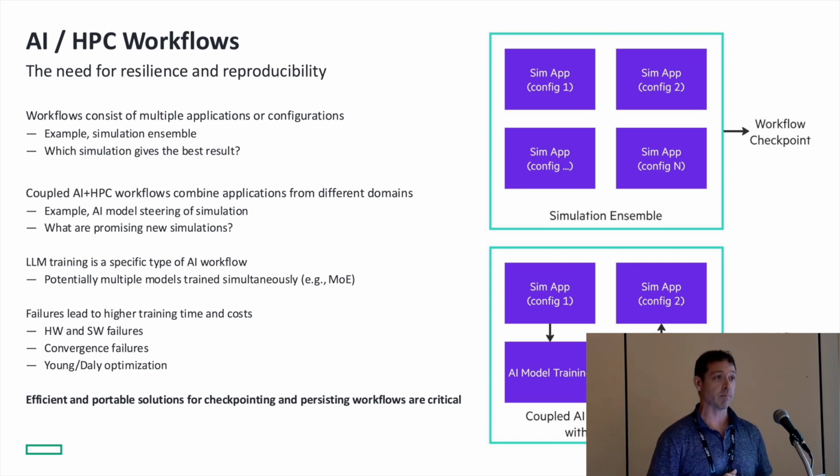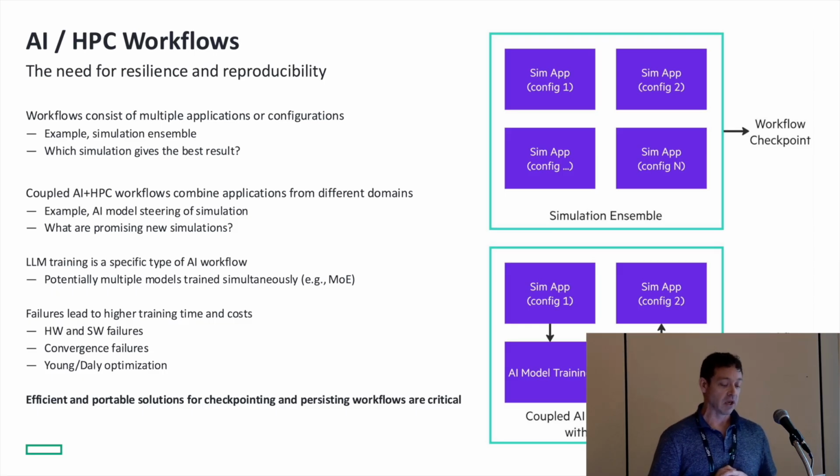It gets a lot more complicated, and it looks a little bit more like enterprise style workflow systems, but with high performance and much larger scaling. So LLM training is a specific type of AI workflow, I'd argue, and looks a lot more like these other cases I'm showing here. And as we all know, failures in these systems are really costly.